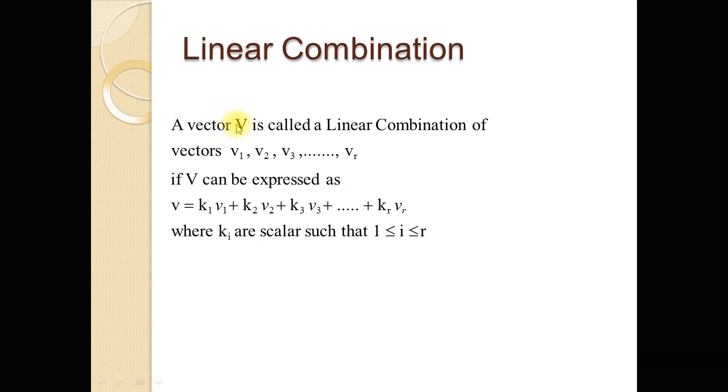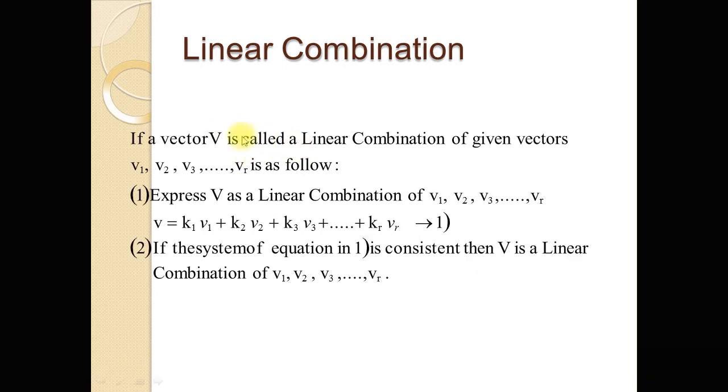This vector v is called a linear combination of other vectors v1, v2, v3 up to vr if it can be expressed as v is equal to k1v1 plus k2v2 plus k3v3 and so on plus kr vr, where ki are scalars such that i is greater than or equal to 1 and less than or equal to r.